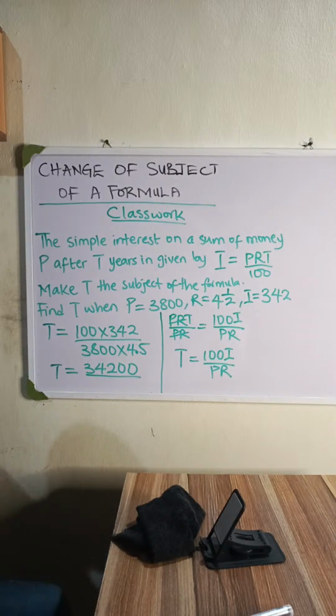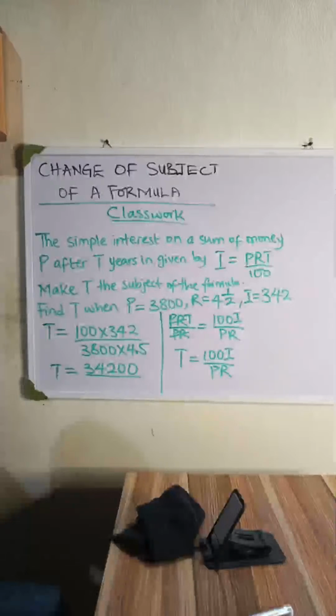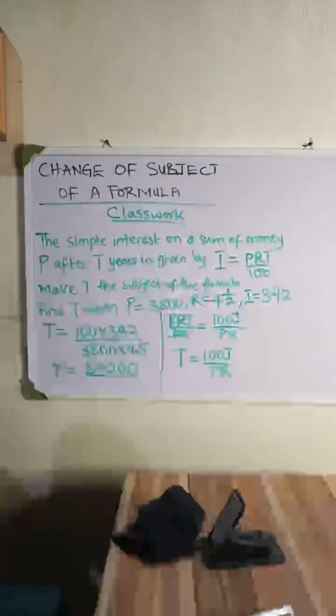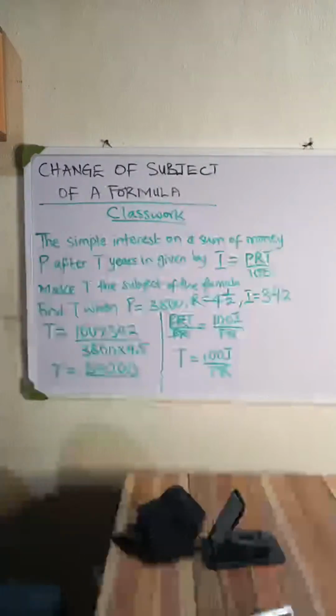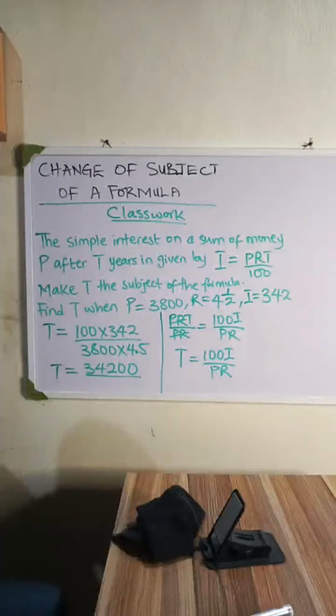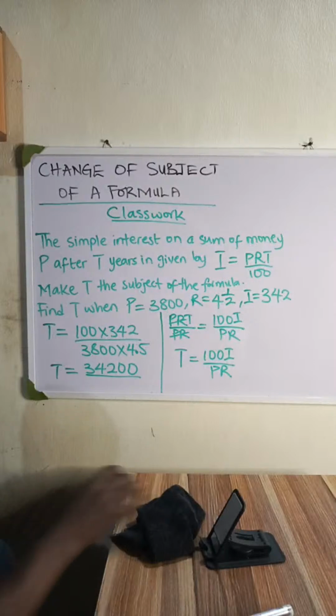Yeah, who can tell us? 3,800 multiplied by 4.5. The answer is 17,100.